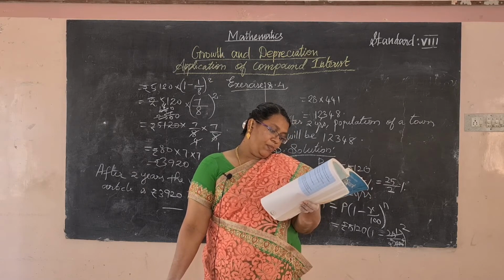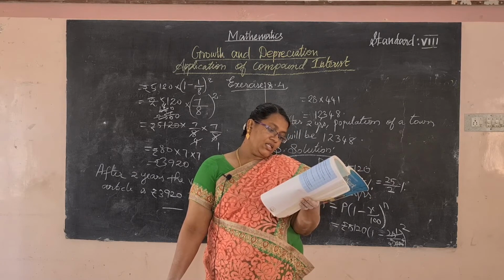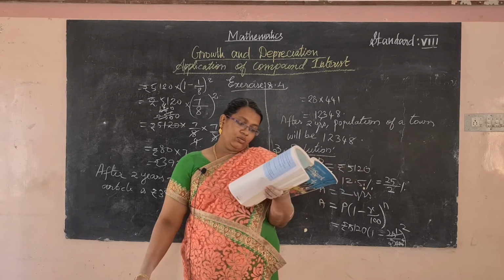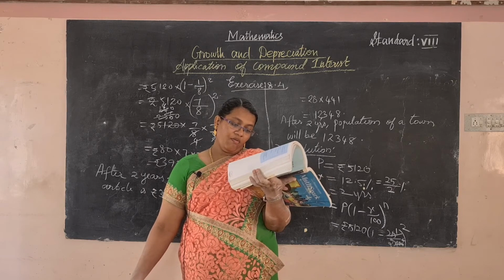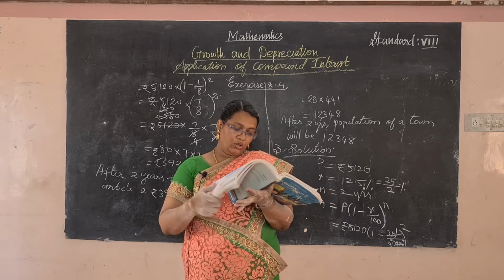In a city, the population of females increased from 1 lakh to 1,33,100 in 3 years. Find the annual rate of growth.